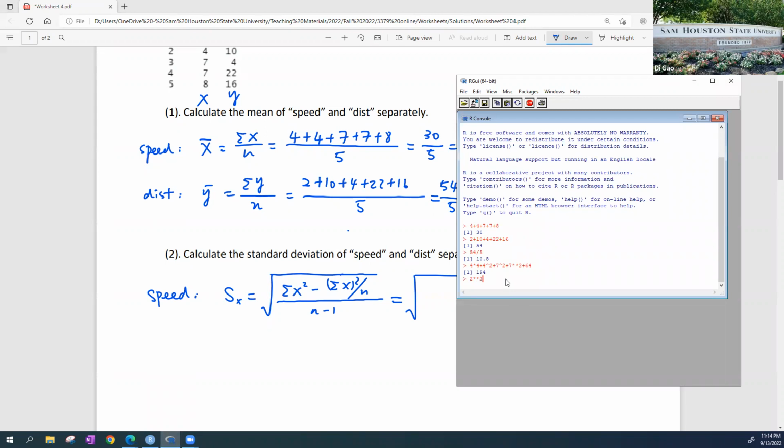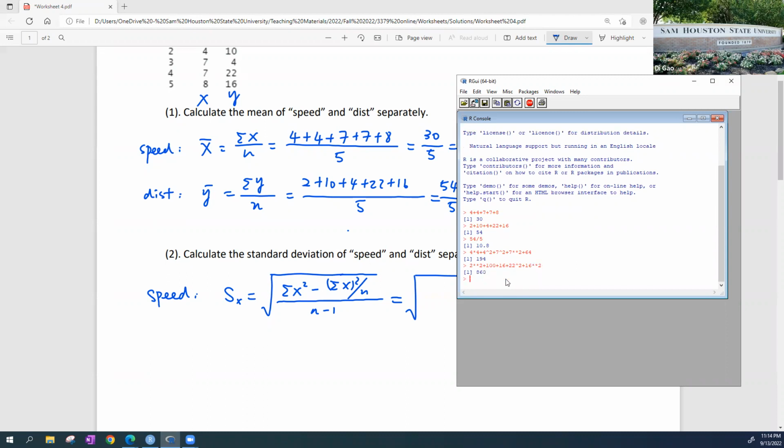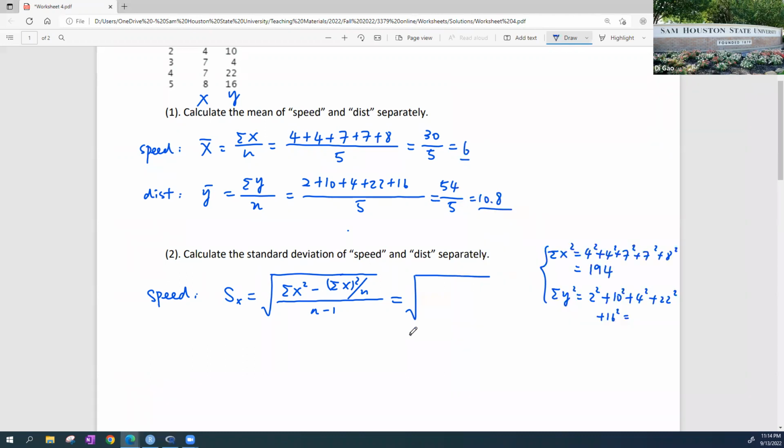We got 860. And the sum of x and sum of y, we have that already. So 30 is sum of x, and 54 is sum of y, right?